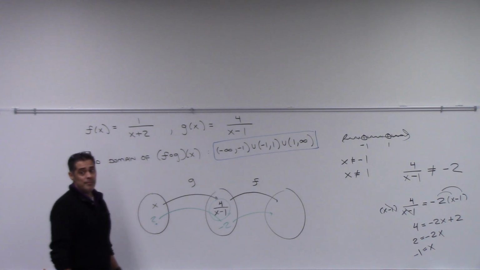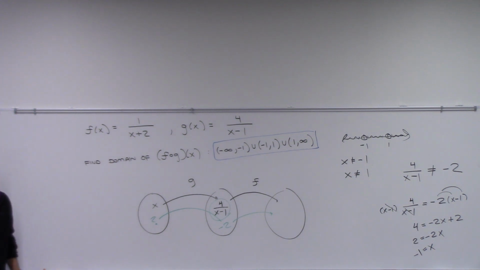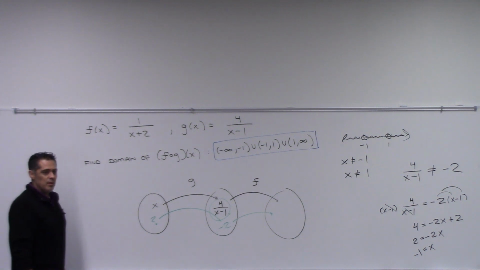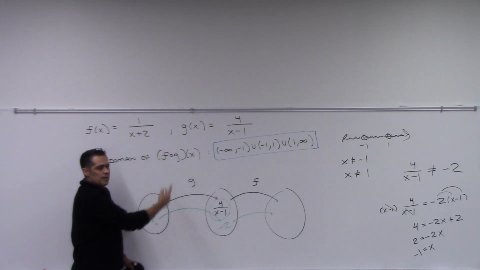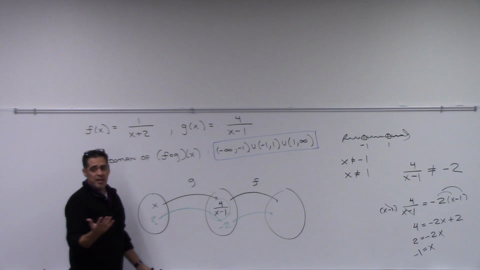All right? You think you get it? Okay, try it the other way around then. Let's see if you can do it. Flip it over, g of f. The domain changes.